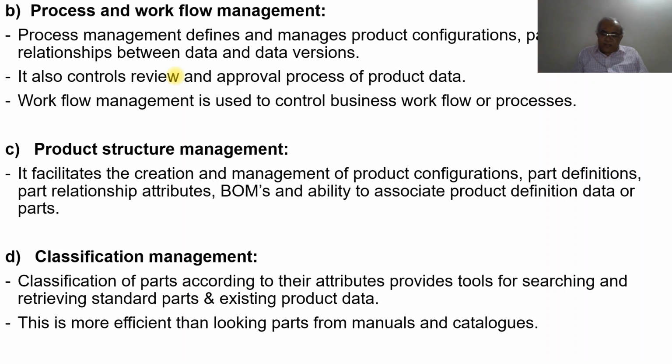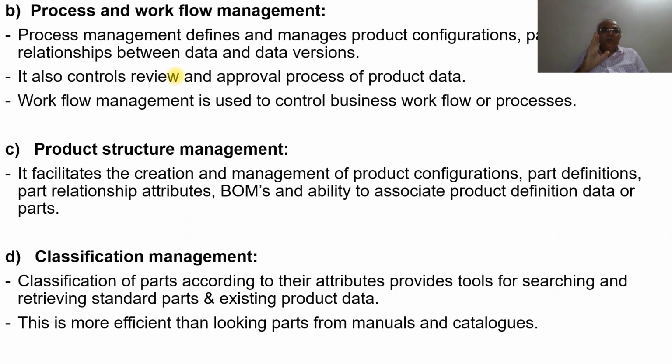What are the configurations of the product? And part definitions, that is, what the part is and how it functions, all of those will be highlighted here. Relationship between data and data versions: what the different data are and on what versions they have been created.